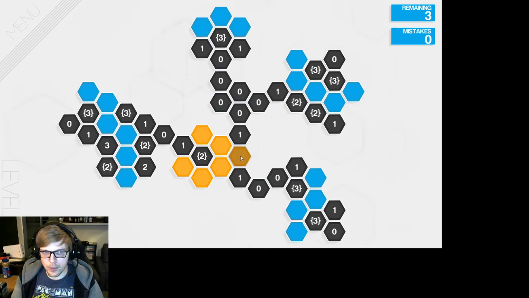When this hex is blue, this hex is black. When this hex is blue, this hex is black because of this one. So both of these are black, this is blue. Because these 2 are black, that forces these 2 to be blue because they're the only 2 that are consecutive. And then this one would be black, and everything works out.